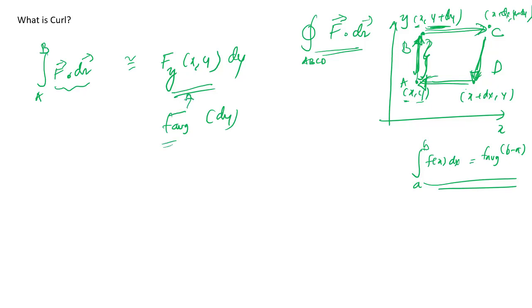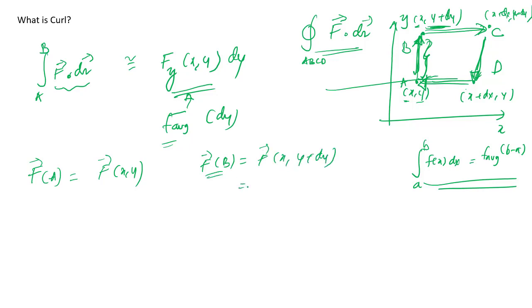If I want to take the average, let's for example take the value of f at point A. The value of f at point A would be f at xy, and the value of f at B would be f at x y plus dy. So I can write f of B as f of xy using a simple Taylor expansion plus dou f by dou y times dy at xy.